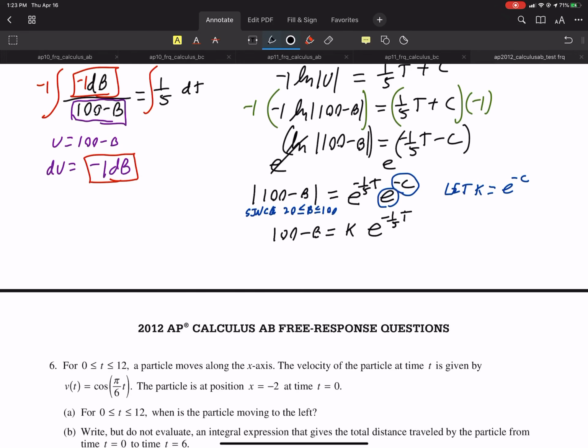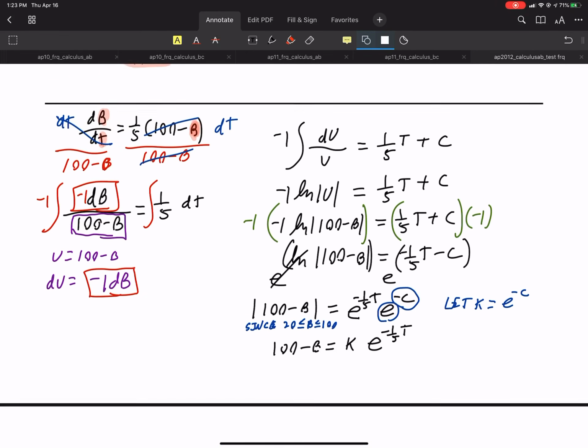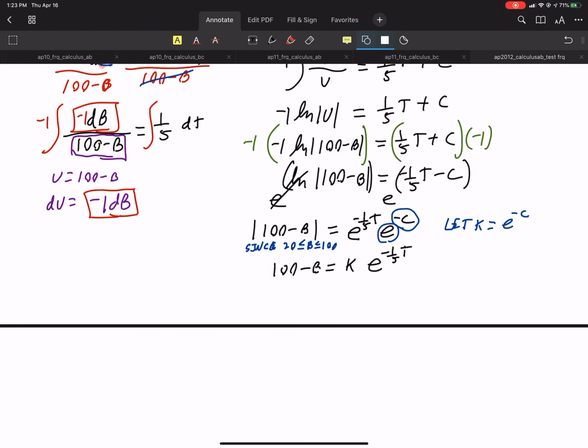Let me create more space here. We were given right here, b of 0 is 20. So we know b of 0 is 20. If I plug that in, 100 minus 0 equals k. Ooh, back up. That's not 0.